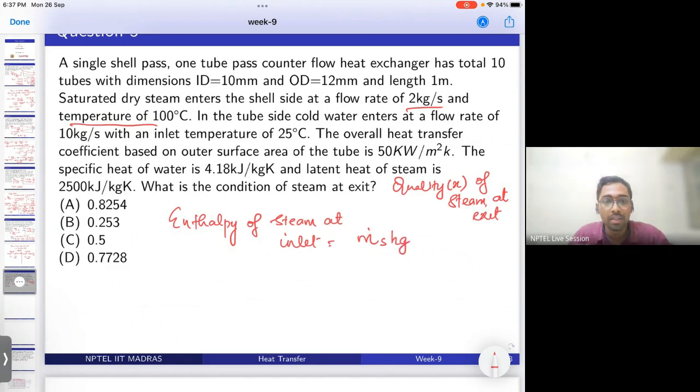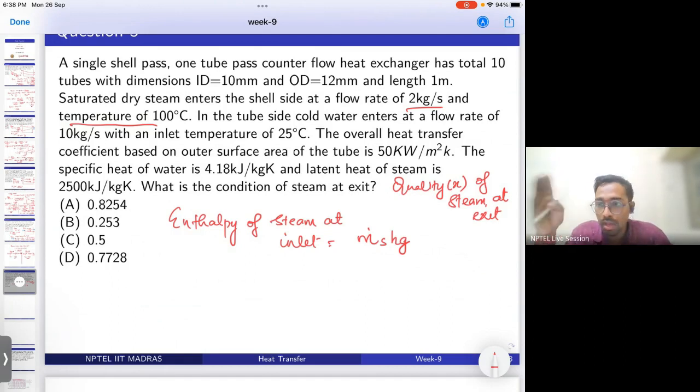Hg is the enthalpy of saturated steam at 100 degrees Celsius. That is Hg, that we know in steam.